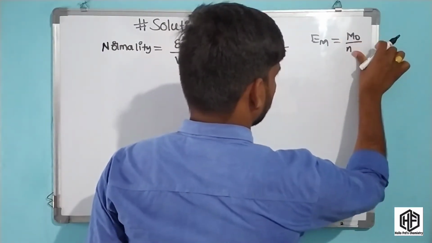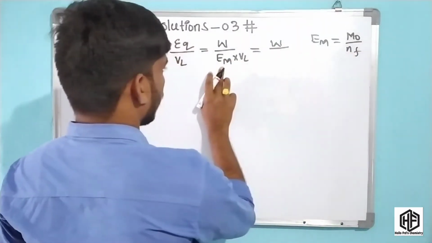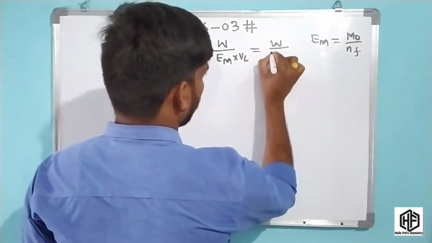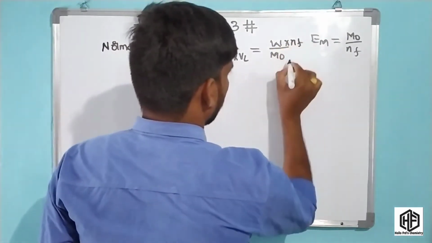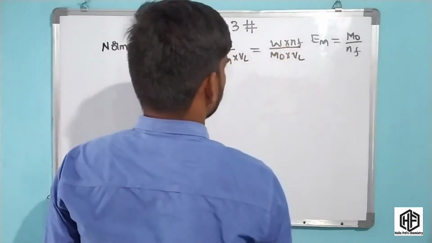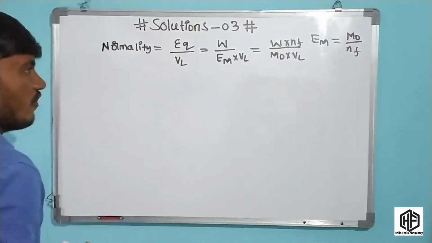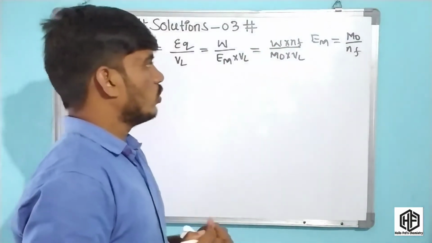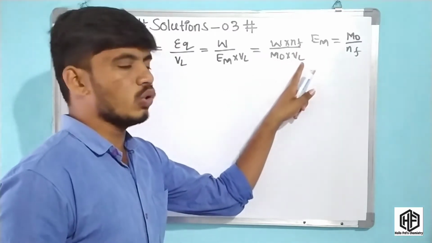Okay friends, so the equivalent mass is M0 by n factor, which is in the numerator, into VL. This is called normality. What is normality? Normality is the weight or mass of solute into n factor, divided by molecular mass of solute into volume.